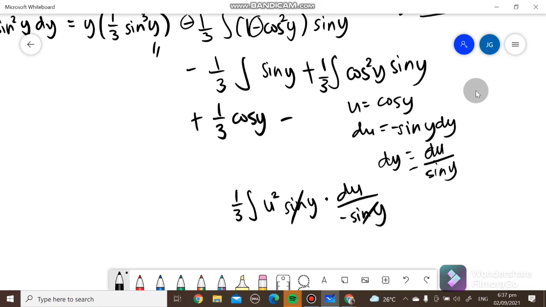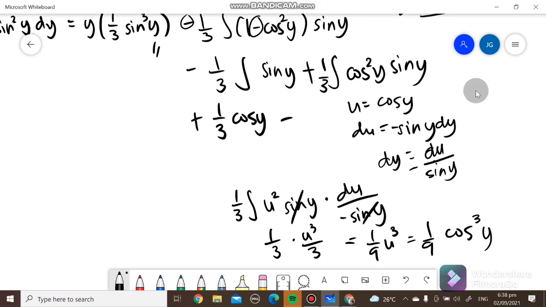This cancels, so we will be left with negative u squared. The integral is 1/3 multiplied by u cubed over 3, so we will have 1 over 9 u raised to 3. What's the value of our u? We have 1 over 9 cosine cube y.